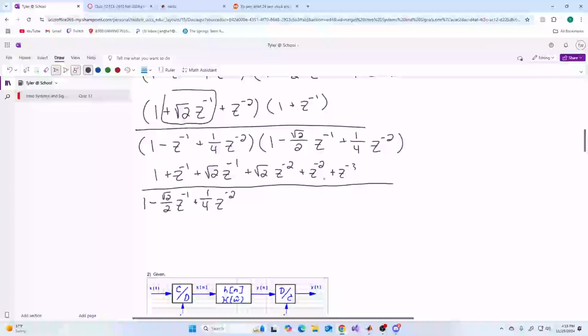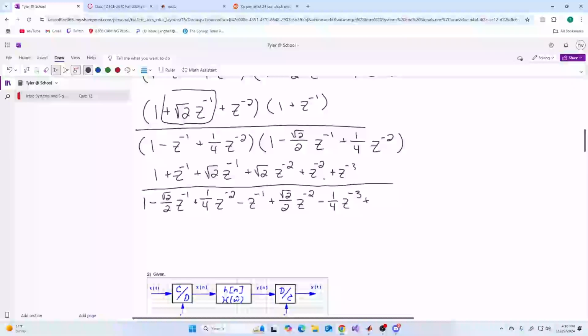So I have negative z to the negative 1, plus root 2 divided by 2 z to the negative 2, minus 1/4 z to the negative 3, plus then I'm going to do the 1/4 one.